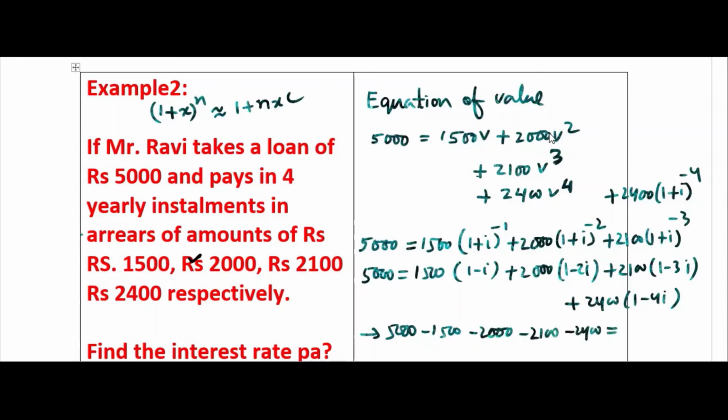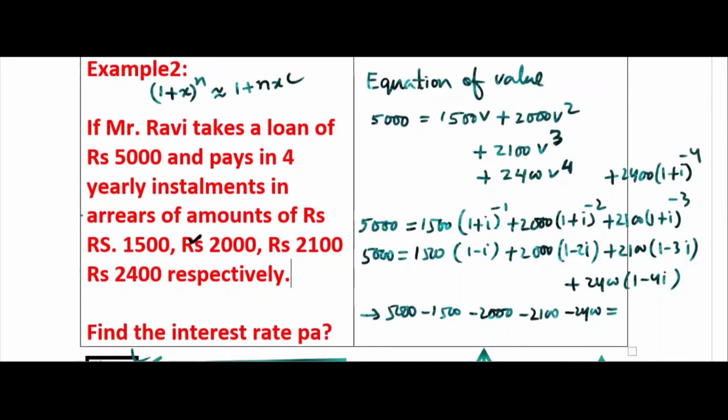So what I have 1500i, you add 2000 multiplied by 2, 4000, okay, 4000 here 1500, 5500 here. 2000, 6000, sorry, you have to find it, okay. You tell me what is that. You solve it and tell me I. 2400 multiplied by 4, 2100 multiplied by 3, all these you have to do. Okay? You tell me. You tell me left hand side and right hand side. I will write here.